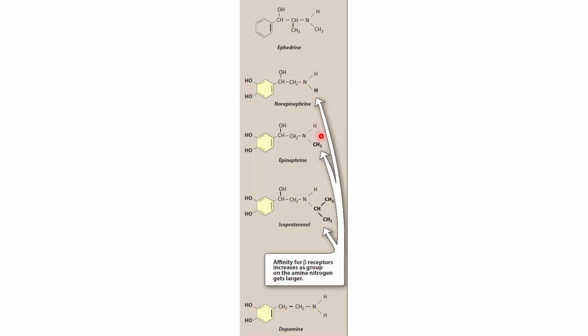Epinephrine has a little stronger beta component, and isoproterenol has only beta, it is a pure beta mimetic because of the isopropyl group connected to the amine. So there is almost no alpha activity for isoproterenol.